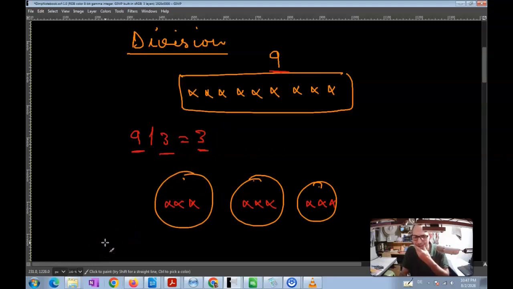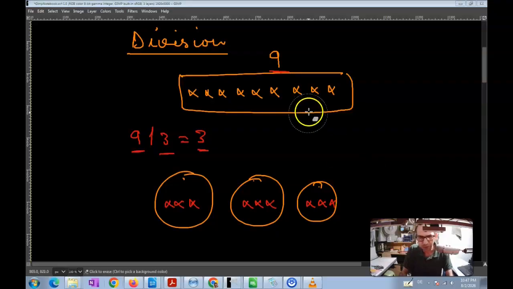Right? So now let's take an example of an actual division, how we do that, and then we will make it more advanced. Okay.